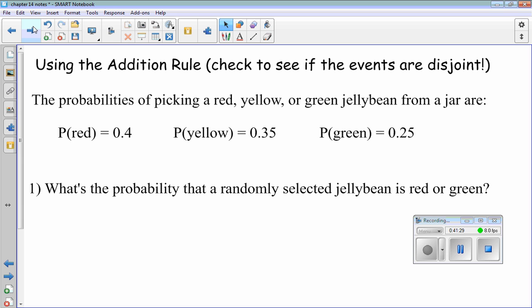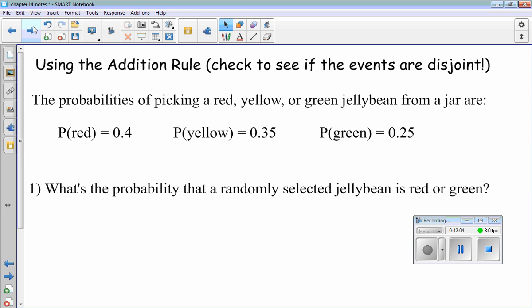And I'm so glad you even said that because everybody confuses the two. Disjoint and mutually exclusive simply means they can't happen at the same time. If I pick a red jelly bean out of the jar, I did not pick up a green one. It did not happen at the same time. They are disjoint events. I cannot reach into the jar and pick a jelly bean that is both red and green if all I have in the jar are red ones, yellow ones, and green ones. They are disjoint events. Are we okay with that?